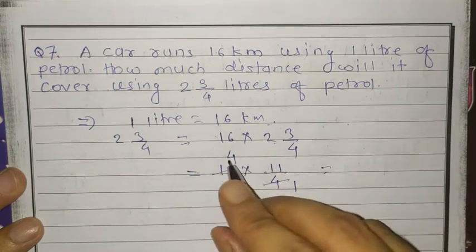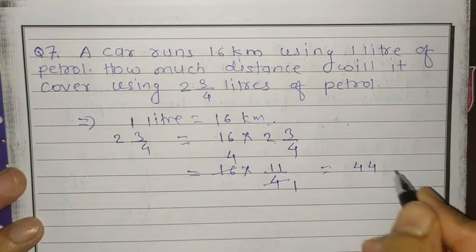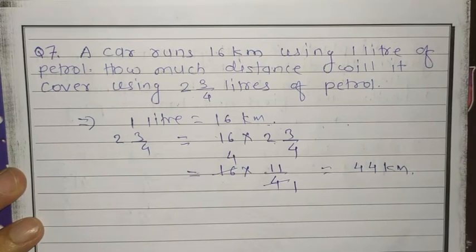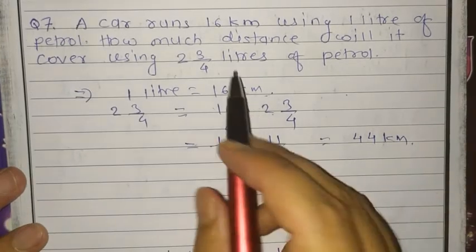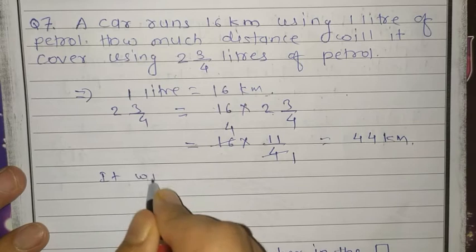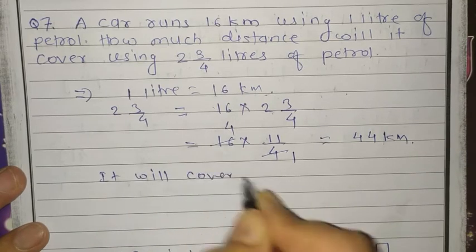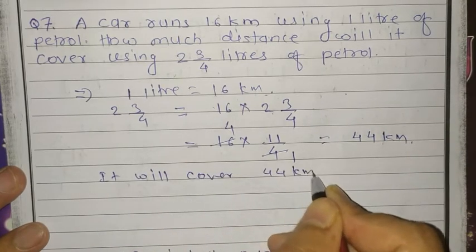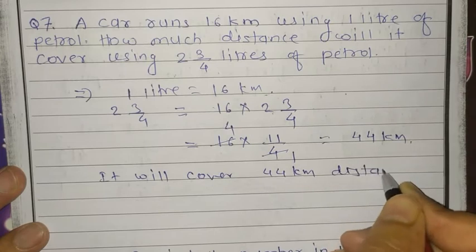So here it is 4 into 3, that is 12. So it is 12 kilometers. So in the question, how much distance will it cover? You can say it will cover 12 kilometers.